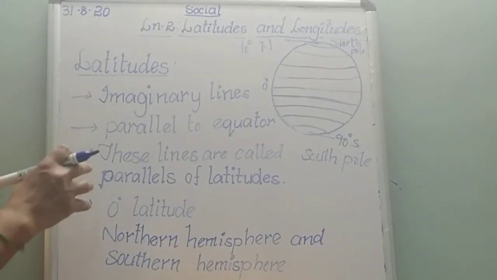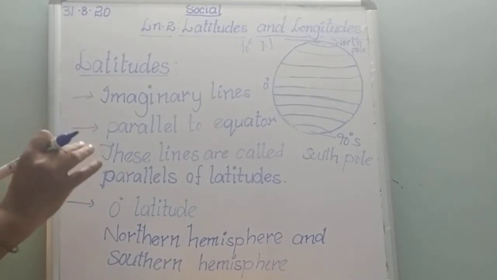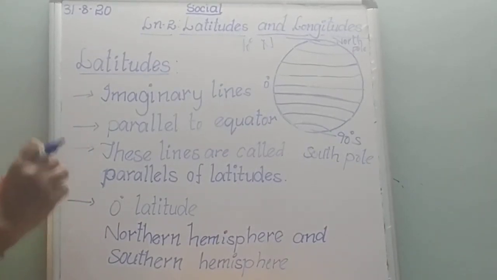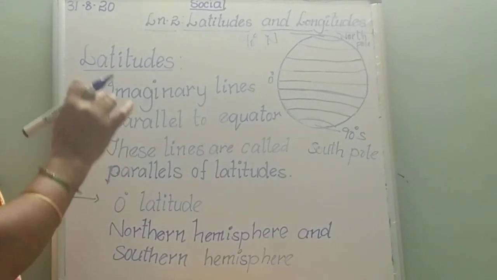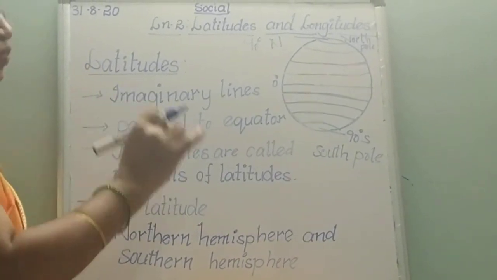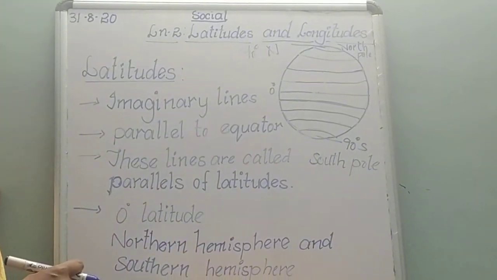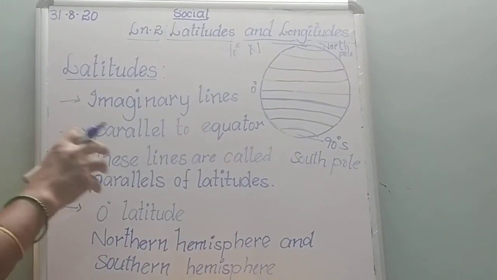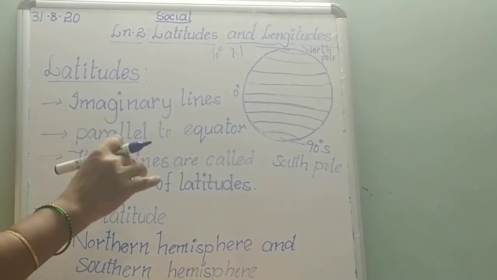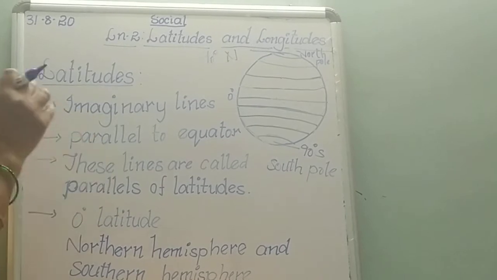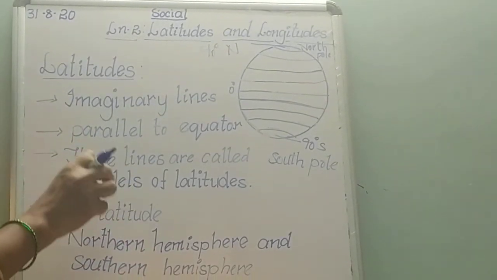Okay, so in the previous chapter we observed the globe. If you observe the globe very clearly, a number of lines run from east to west or north to south. These are imaginary lines.